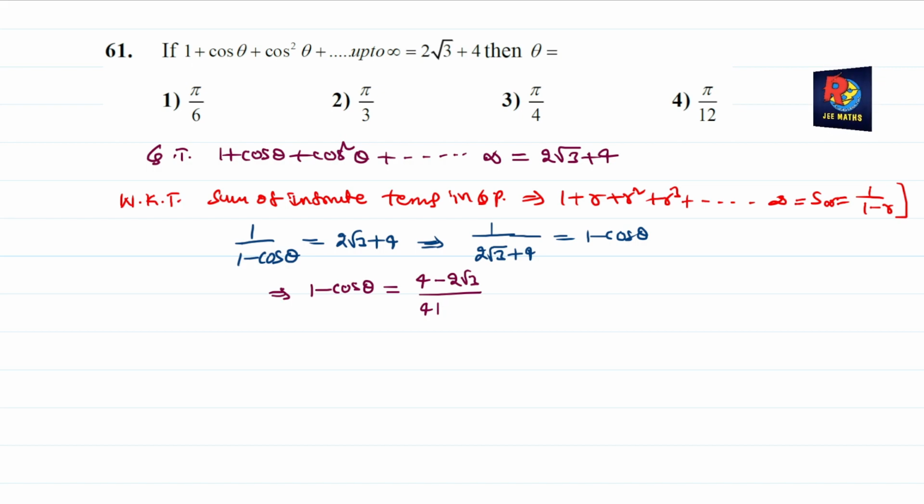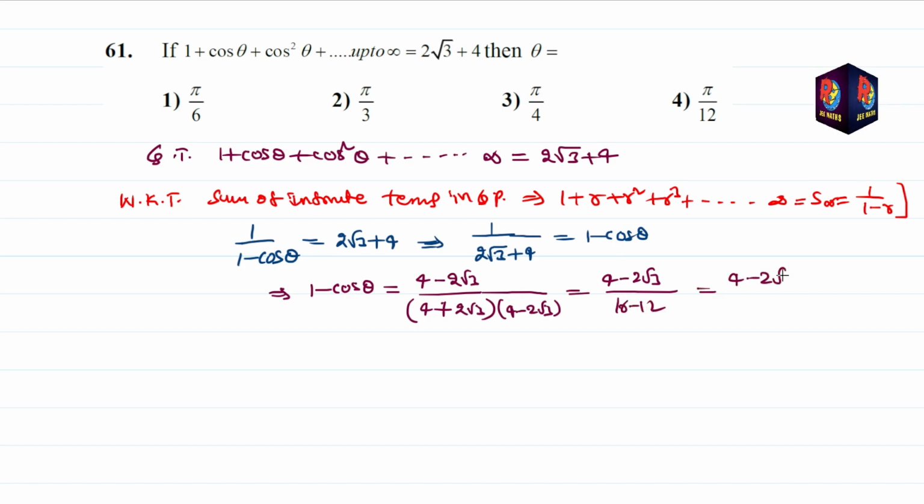Rationalizing gives 4 minus 2 root 3 by 16 minus 12, which is 4 minus 2 root 3 by 4. If I split it, 1 minus cos theta equals 1 minus root 3 by 2, since the 4 cancels and 2 cancels 2 times.